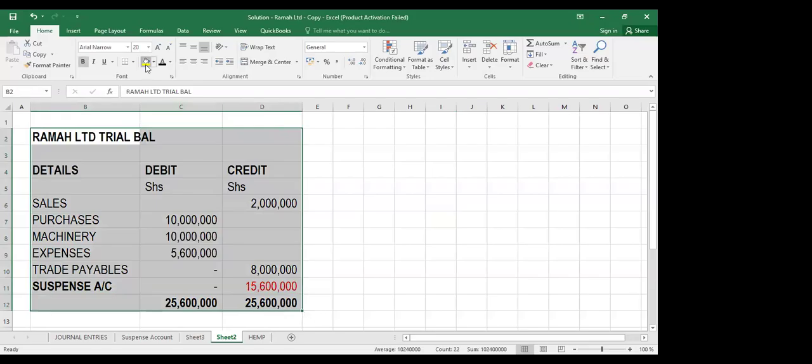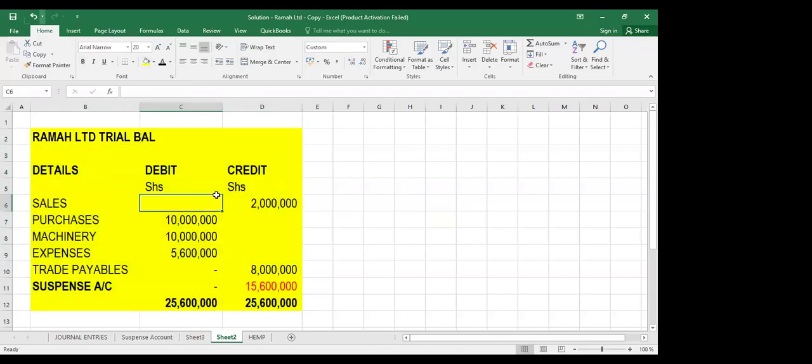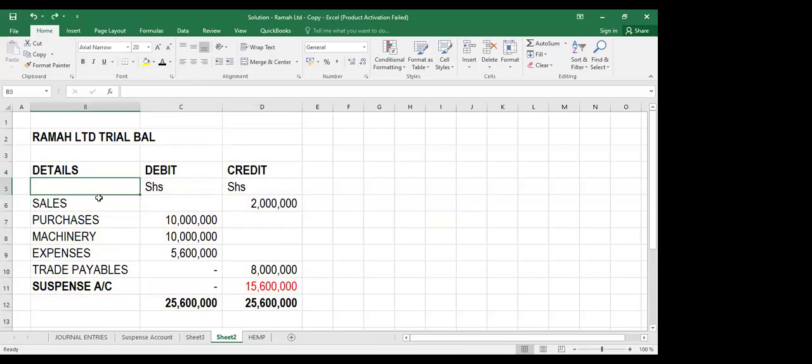For example, you will assume that your sales had a credit balance when you prepared your T account or your ledger account. Your sales had a credit balance of 2 million. Your purchases had a debit balance from your T account of 10 million. Machinery had a debit balance of 10 million from that machinery account.